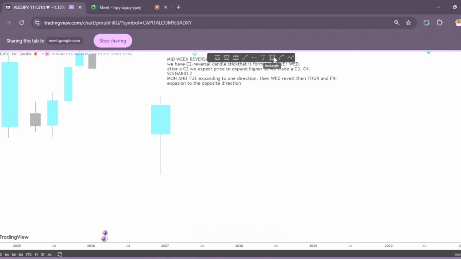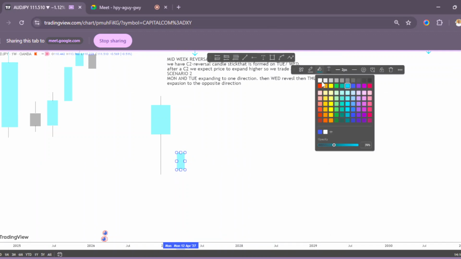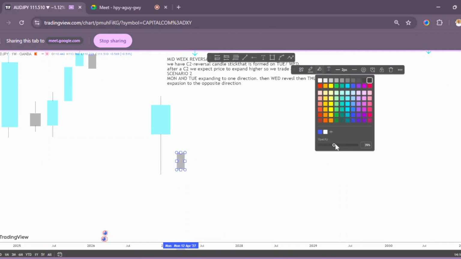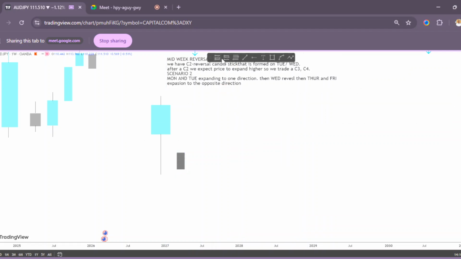If we were to map this out on the daily time frame, on Monday we would expand lower. So you have Monday, you have Tuesday, expanding.